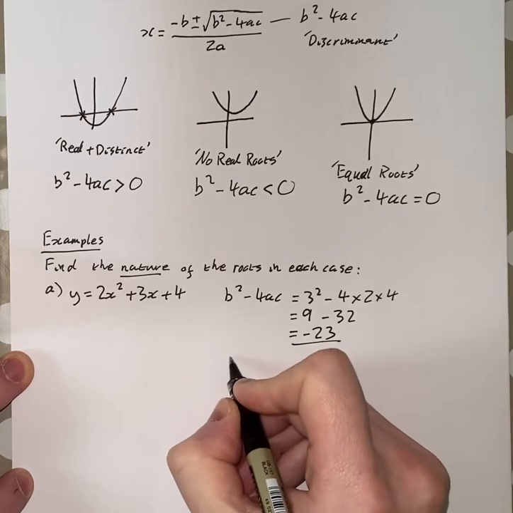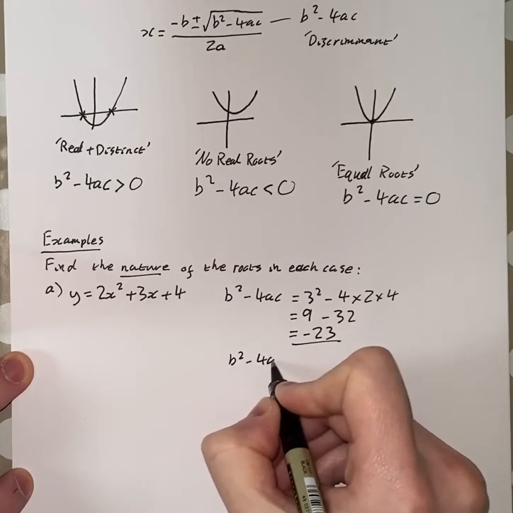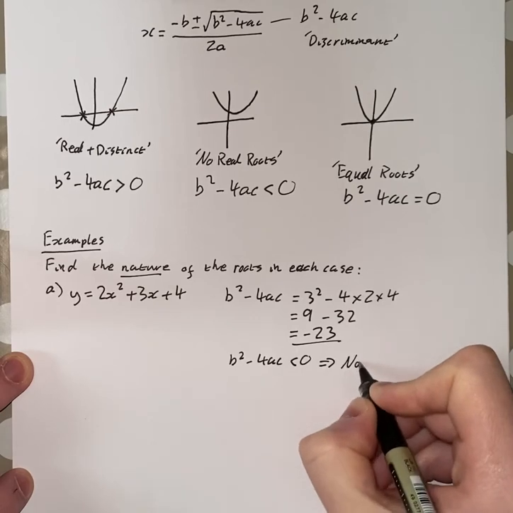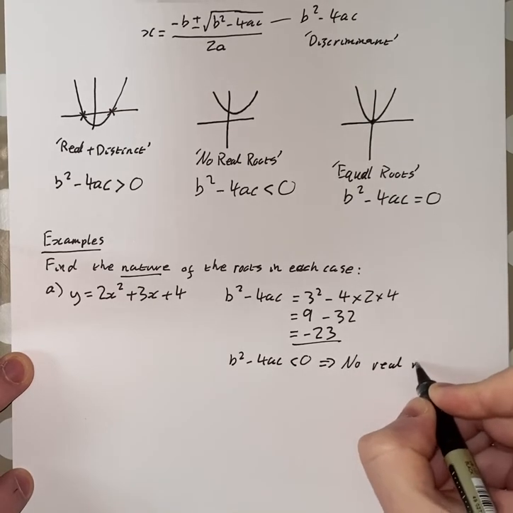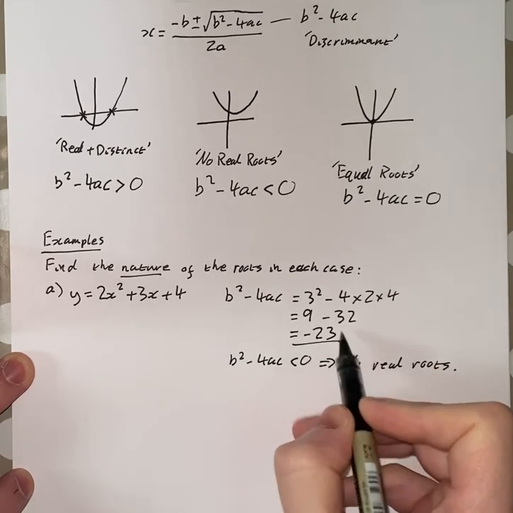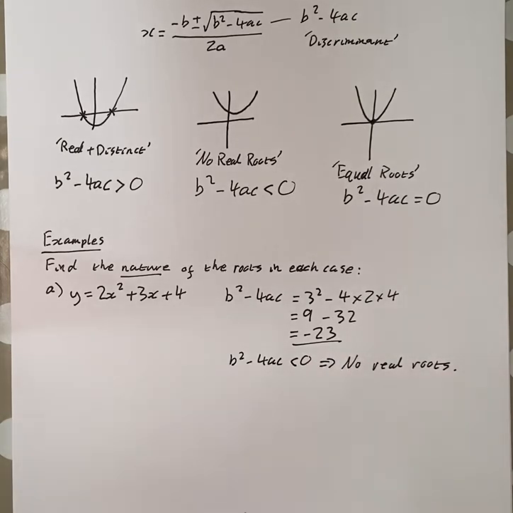So b squared minus 4ac is less than 0, therefore no real roots. Simple as that. All you're thinking about is whether it is positive, negative, or 0.